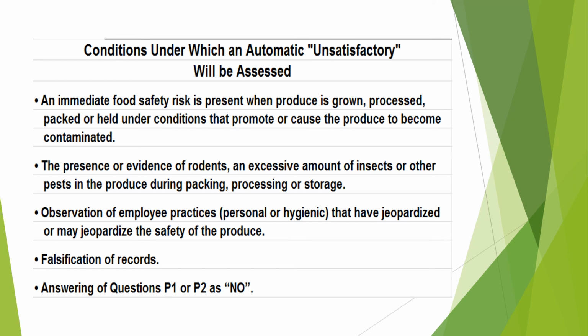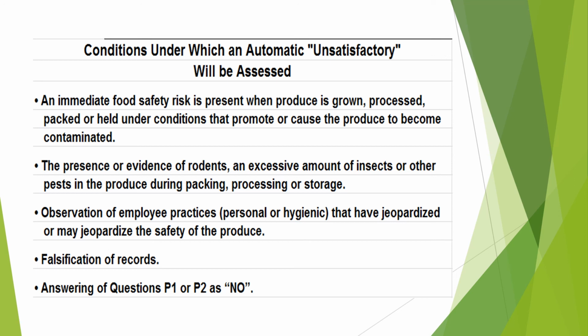An immediate food safety risk is present when produce is grown, processed, packed, or held under conditions that promote or cause the produce to become contaminated. The presence or evidence of rodents, an excessive amount of insects or other pests in the produce during packing, processing, or storage.